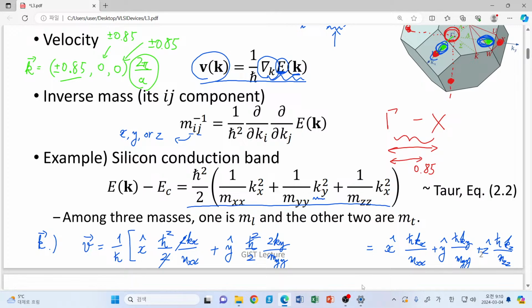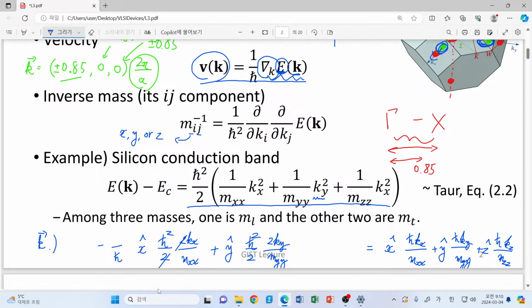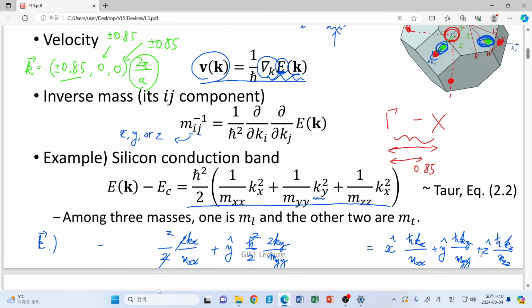And how about this inverse mass instead of this velocity? Then you can take the second derivative. Let's do it together with me. So how about the second derivative of our energy with respect to the kx direction?